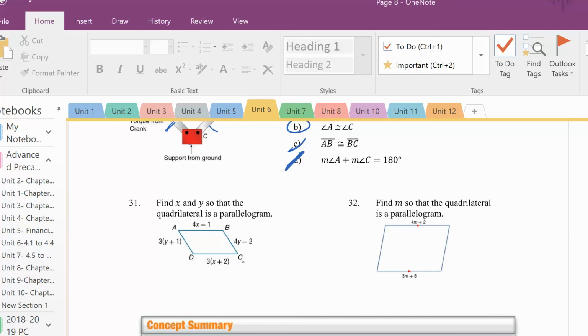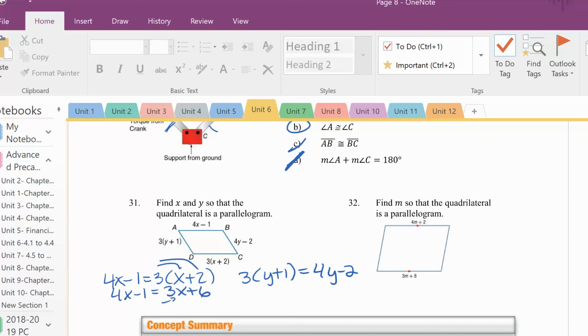So in order for this to be a parallelogram, the opposite sides have to be equal. So that means 4x minus 1 has to equal 3 times x plus 2. And also 3 times y plus 1 is equal to 4y minus 2. So you distribute here. And then you move over the 3x.